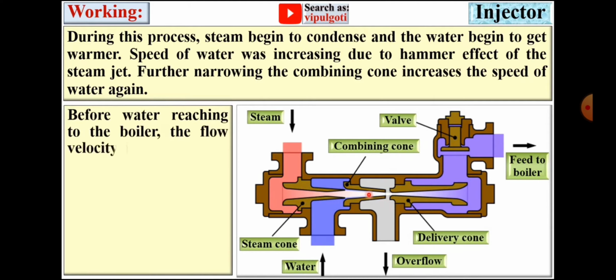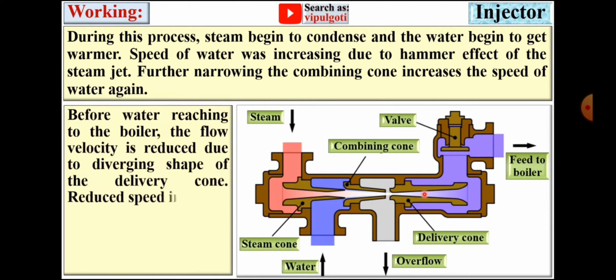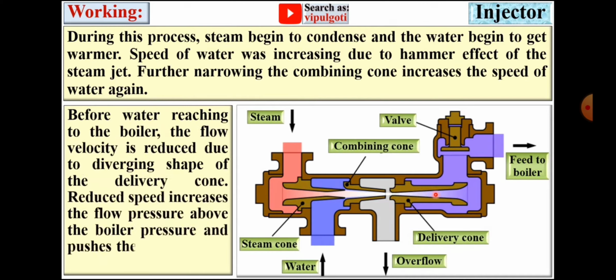Before water reaching to the boiler, the flow velocity is reduced due to the diverging shape of the delivery con. Reduced speed increases the flow pressure above the boiler pressure, and it pushes the feed water to the boiler through the feed check valve.